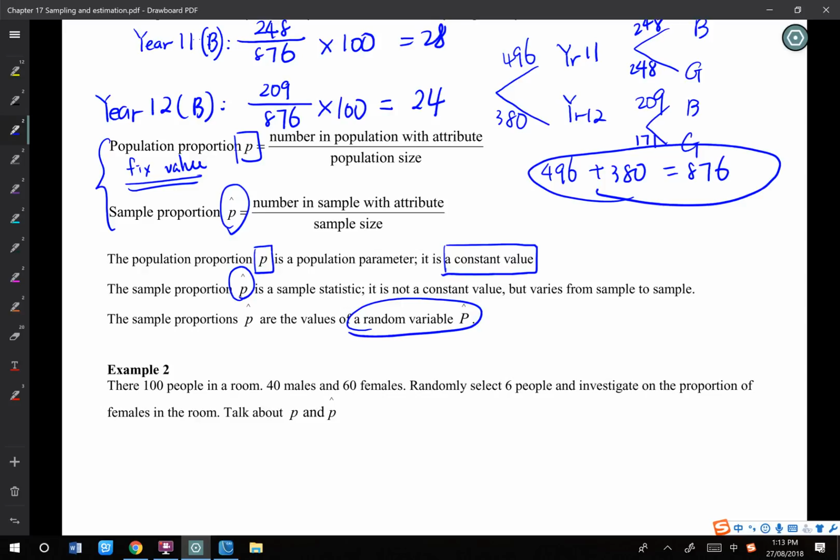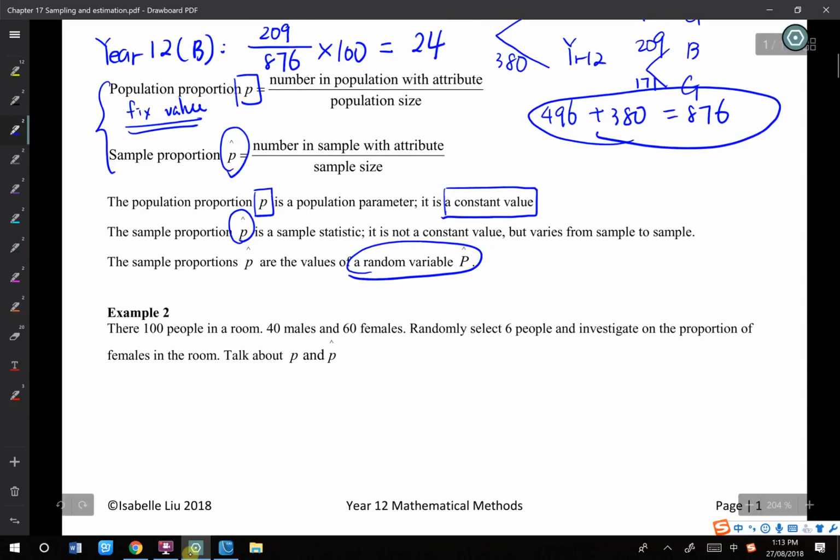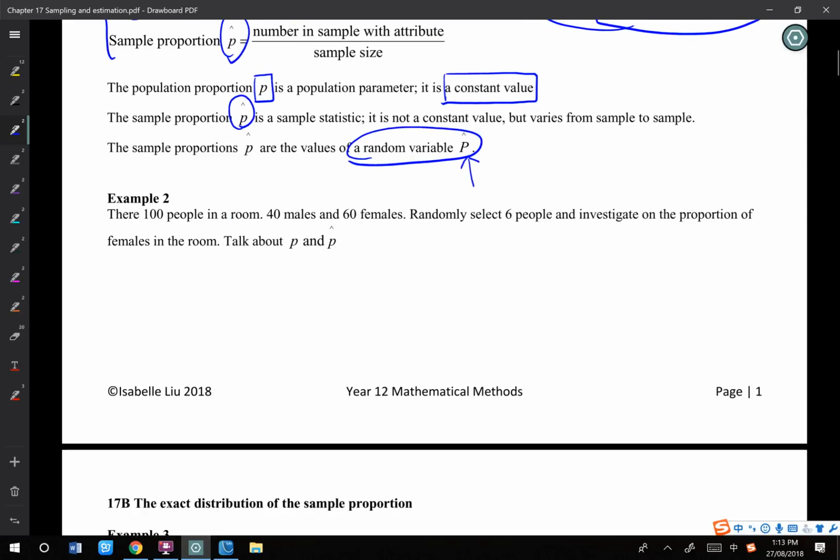What's the probability to get this particular sample? What's the probability to get next door as a sample? So I'm talking about probability as well. I have all different probabilities to reach all different sample proportions. I will show you an example later.